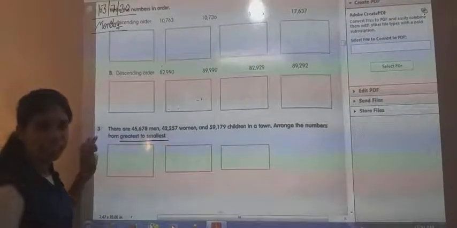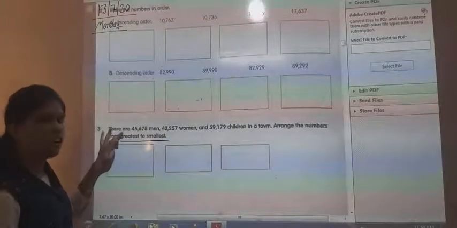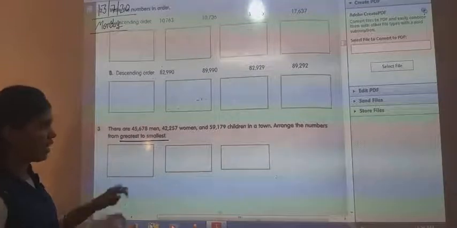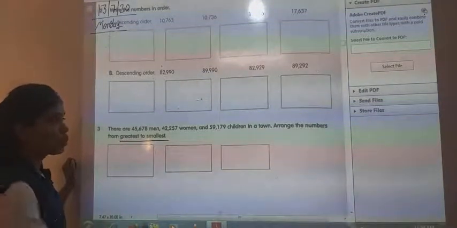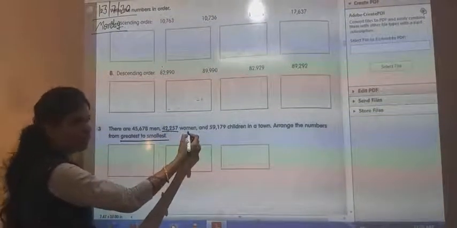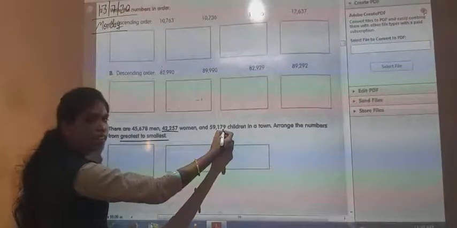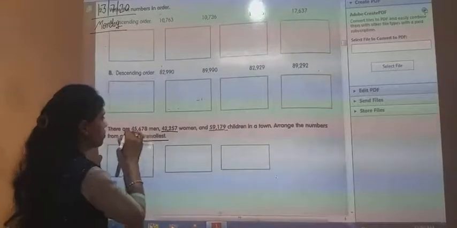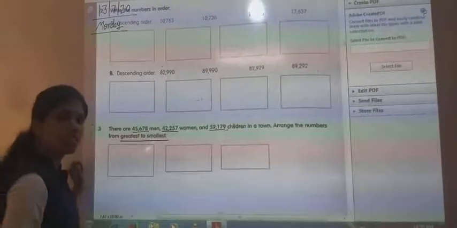Next is question 3. There are 45,678 men and 42,257 women and 59,179 children in a town, that means in a kasbah.